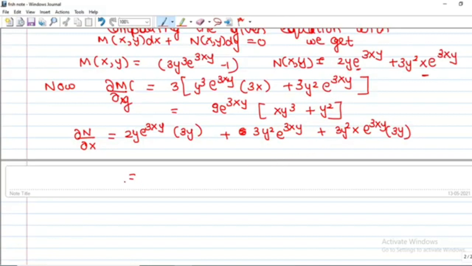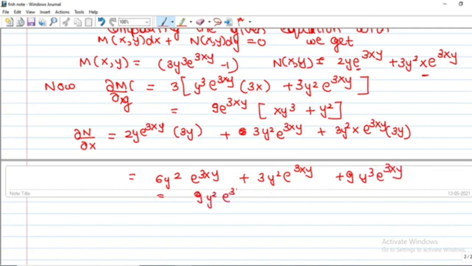Let's simplify: 6y² e^(3xy) plus 3y² e^(3xy), and lastly 9y³ e^(3xy). So this is 9y² e^(3xy), and here 9y³ e^(3xy).